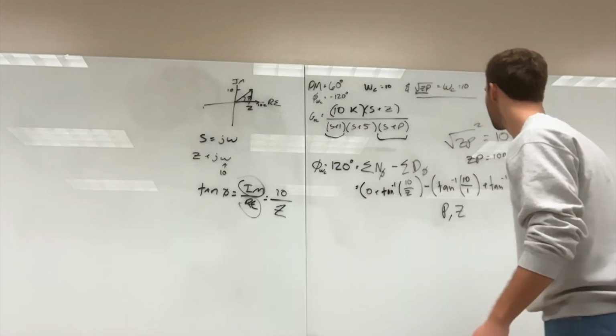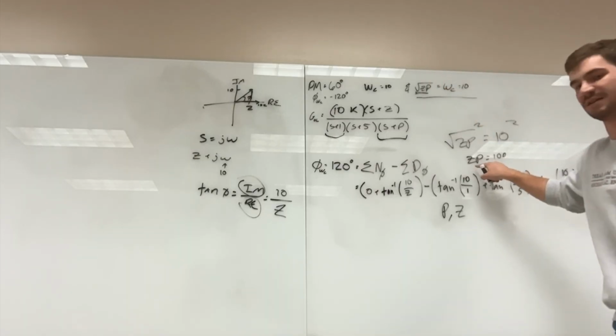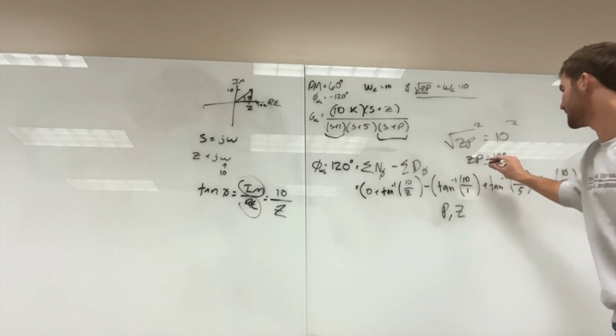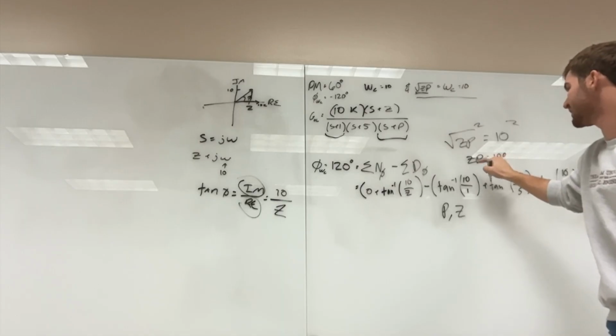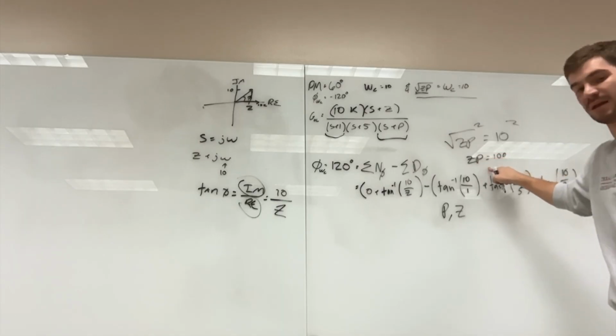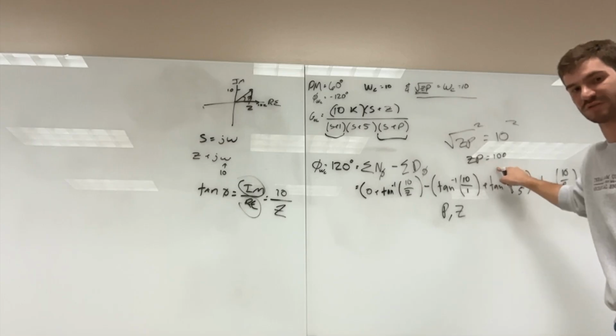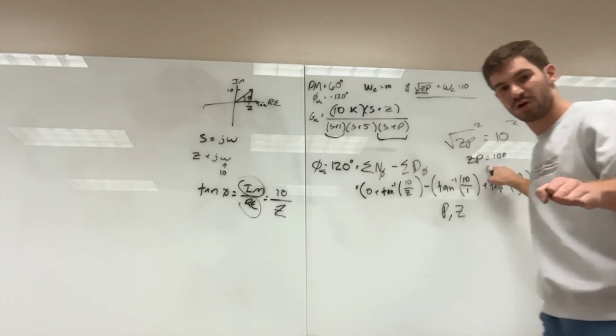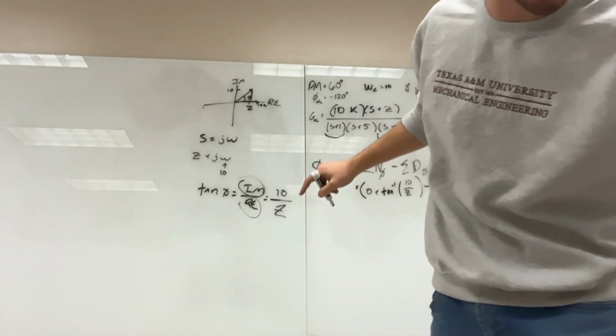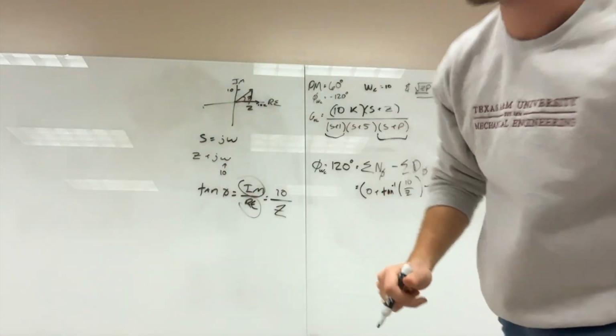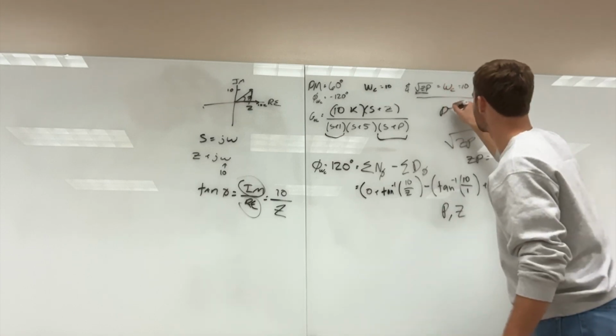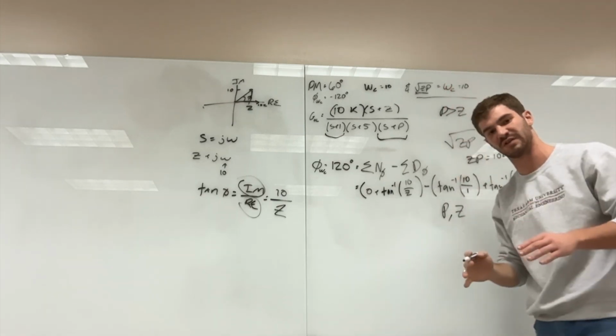It was great. But when you do this, you have to be very careful, because you can say z is equal to 100 over p, or you can say p is equal to 100 over z. But because we are creating a lead compensator, it tells us that in the question, we know that our p must be greater than our z. That is the definition of a lead compensator.